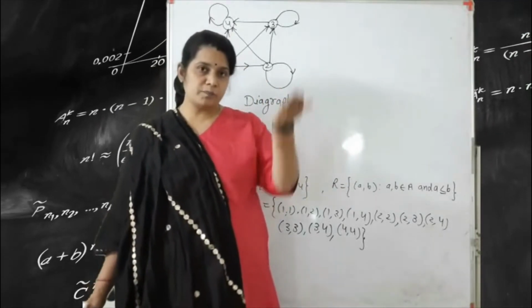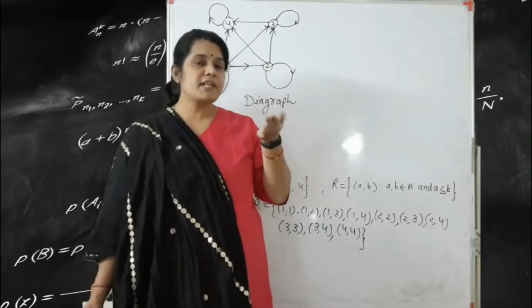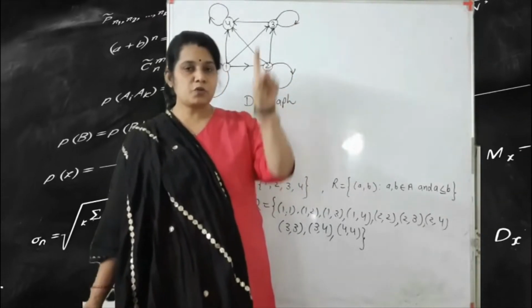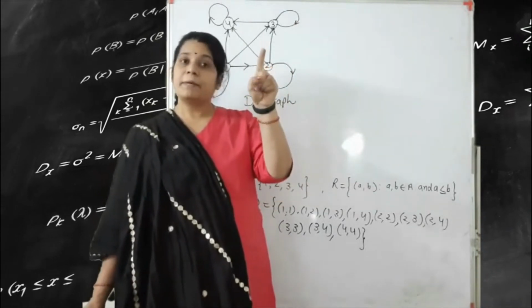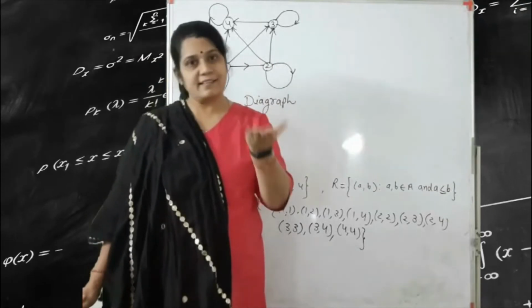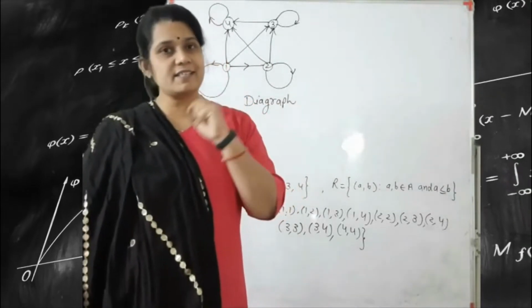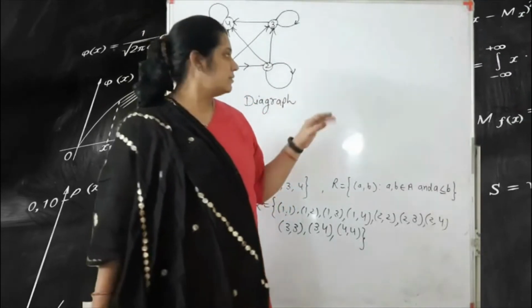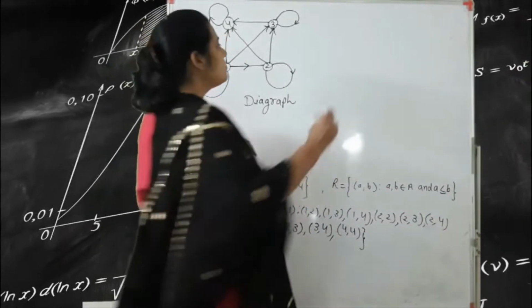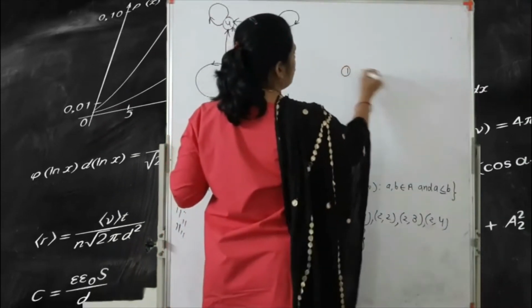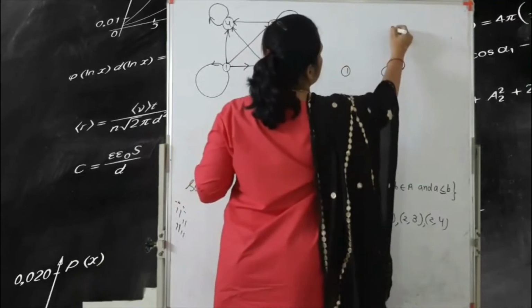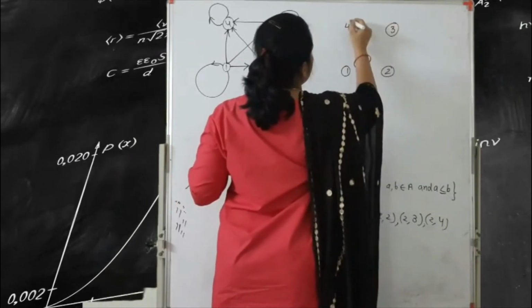In the Hasse diagram, we go from bottom to top. If we write 1 to 2, but not 2 to 1, that means the antisymmetric property is already satisfied. So with the help of the Hasse diagram, first we write 1, 2, 3 and 4.